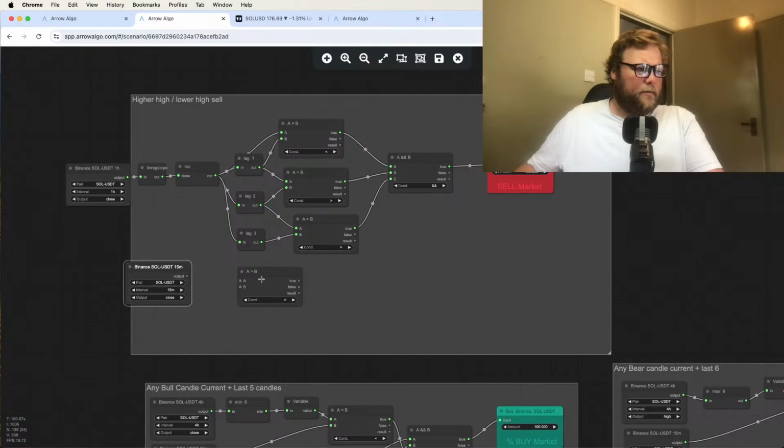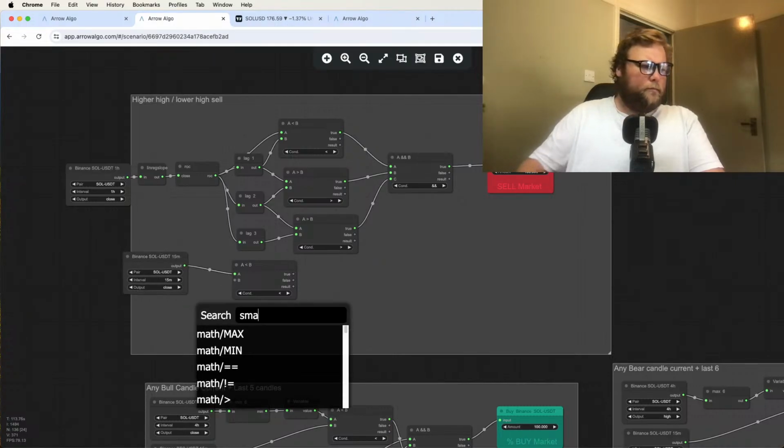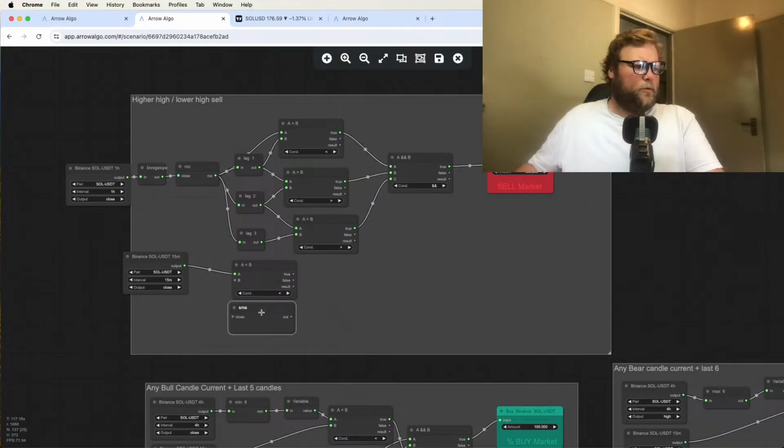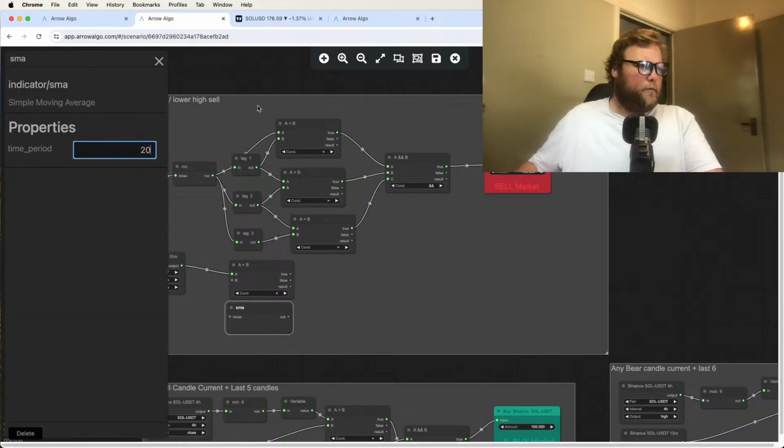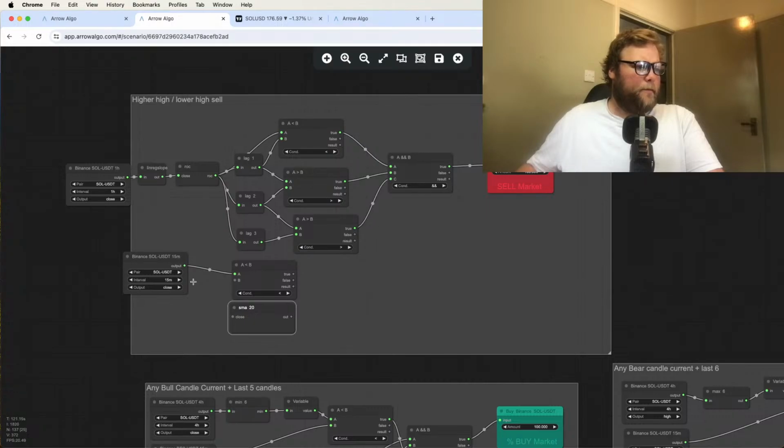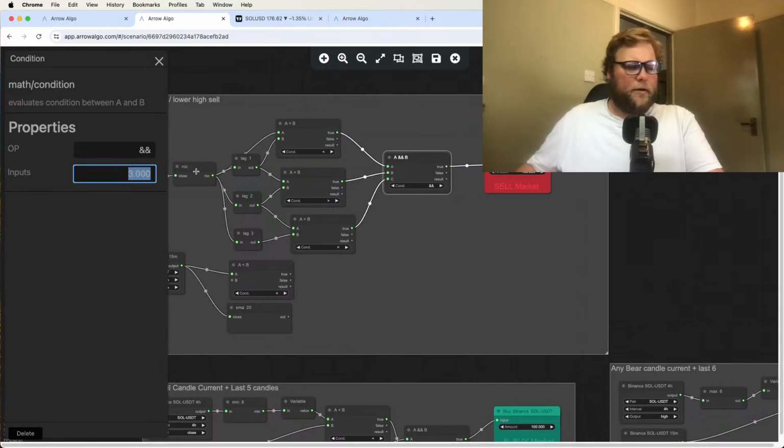So let's say we want this price to be less than the simple moving average before we trigger a buy or sell.